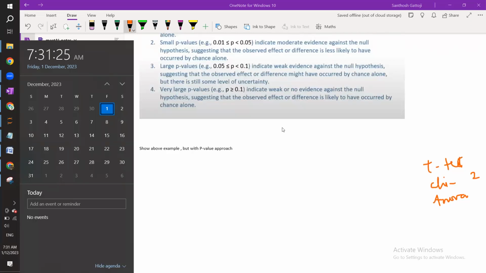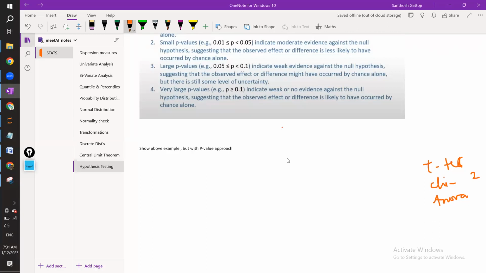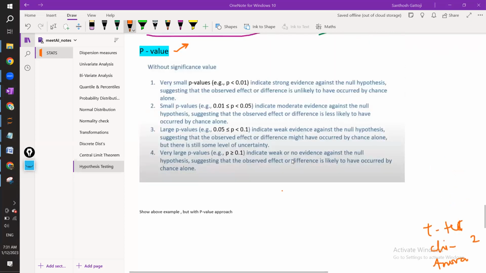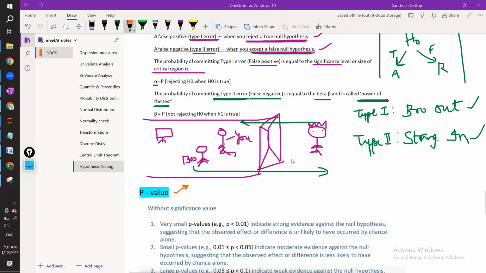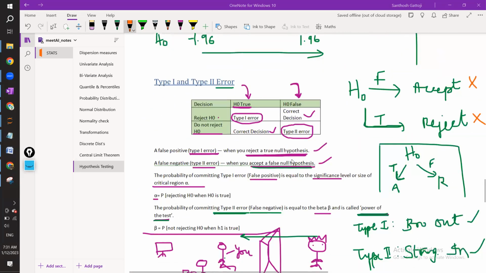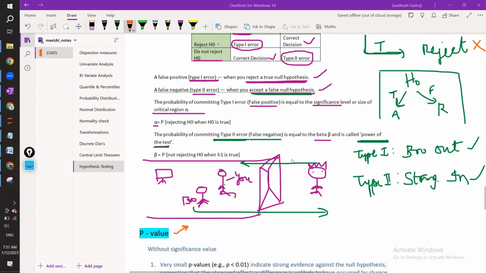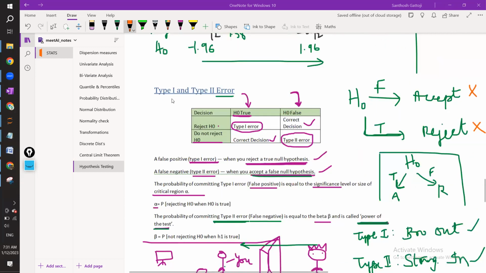That would be from my end. So tomorrow we'll discuss the p-value. Are we good, guys? Do you understand the concepts? Yes, sir. Okay, fine.